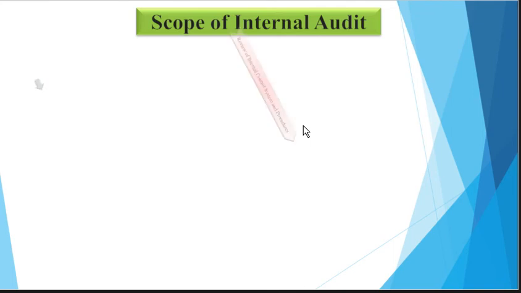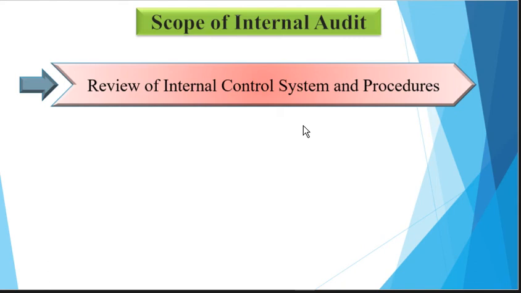First is review of internal control system and procedure. In that, the internal auditor should determine whether the internal control system is in consonance with the organizational structure. As far as possible, controls should be inbuilt in the operating functions if they are to be cost effective.